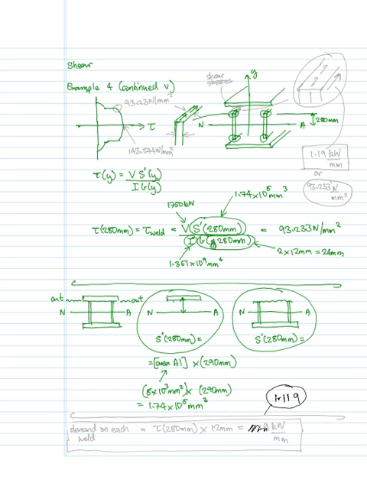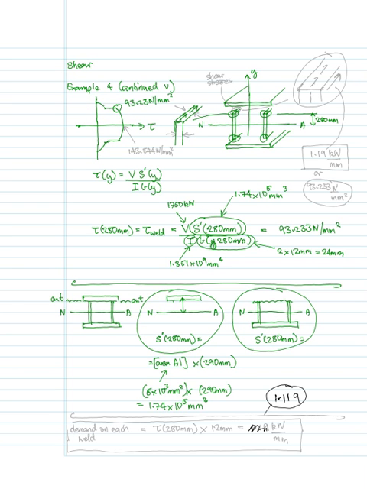So what we've done so far is to calculate the value of the stress. So the value of the stress at that point, so that value has now been calculated to be 93.23 newtons per millimeter squared.